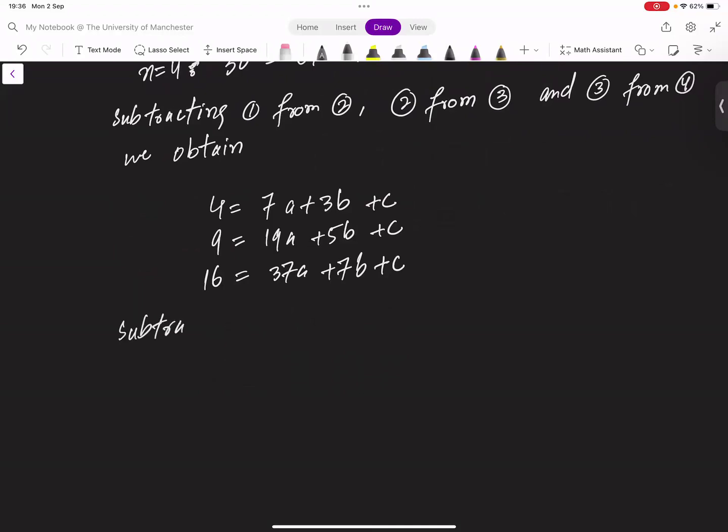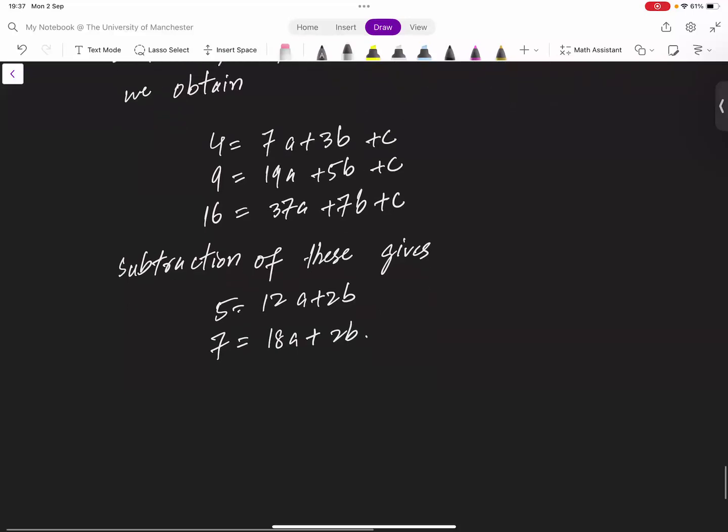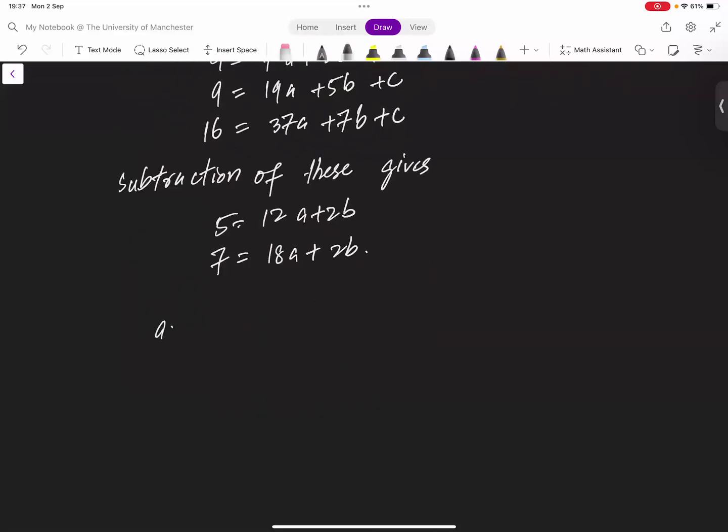Subtracting these gives 5 is 12a plus 2b, 7 is 18a plus 2b. Hence we get a is 1/3, b is 1/2, c is 1/6, and d is 0.